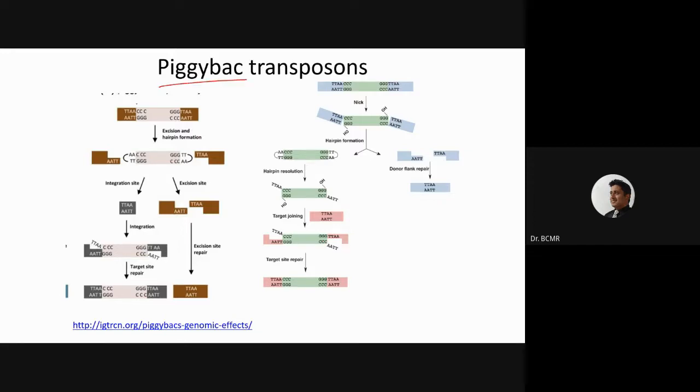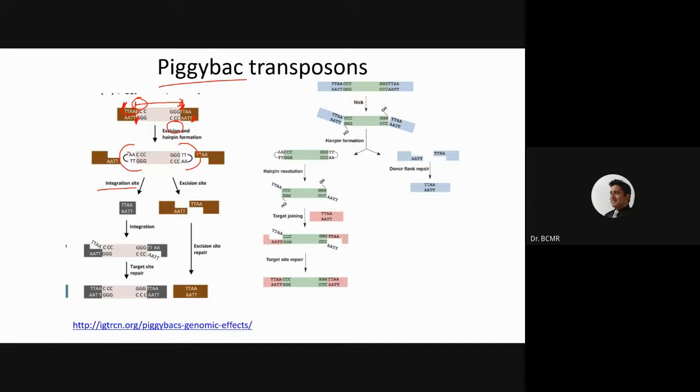Piggyback transposons have, this is the transposon from here to here, and the transposase would recognize them somewhere, and it would make a cut here and here, and also here and here. The TTAA is made into a hairpin loop on both sides.